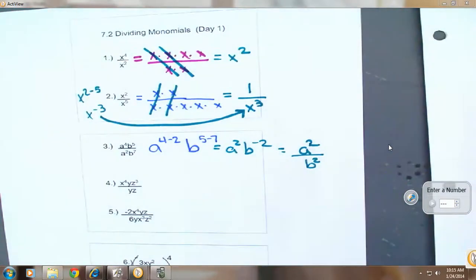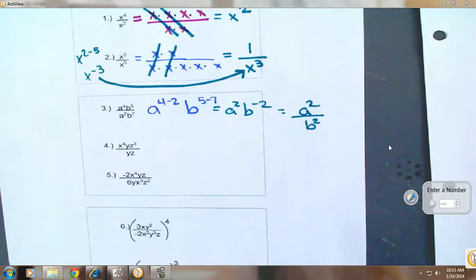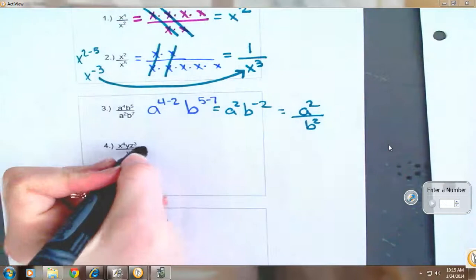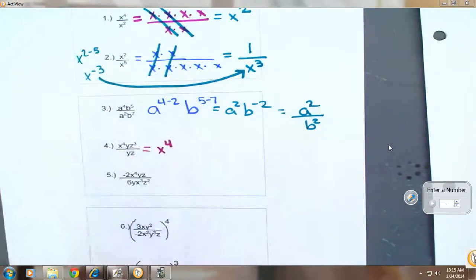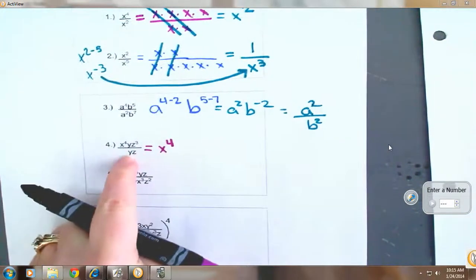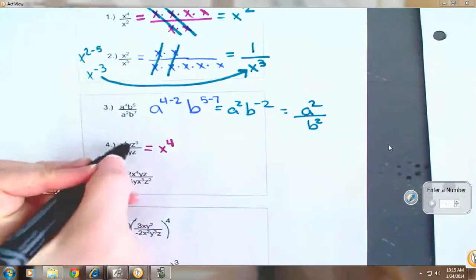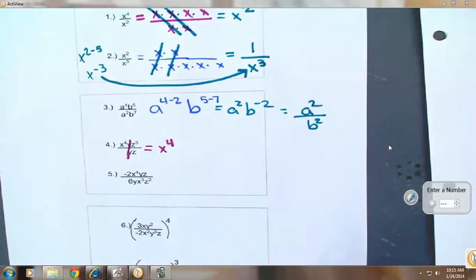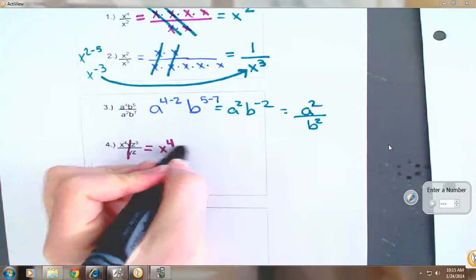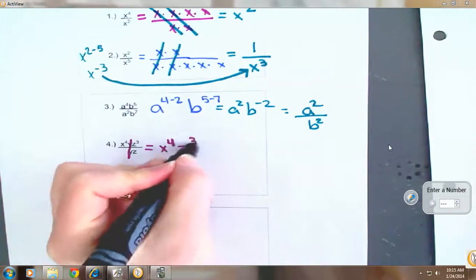Look at the next example, number 4. Let's use our exponent rule that we just learned. Now, x to the 4th, is there anything I can do with x to the 4th? No, so it'll just come across. X to the 4th. Go to your y's. We have y divided by y. What happens there? They're going to cancel each other out. What about the z's? 3 minus 1.